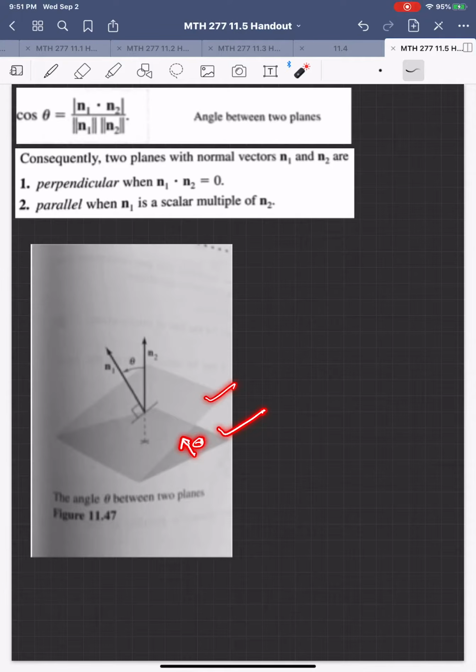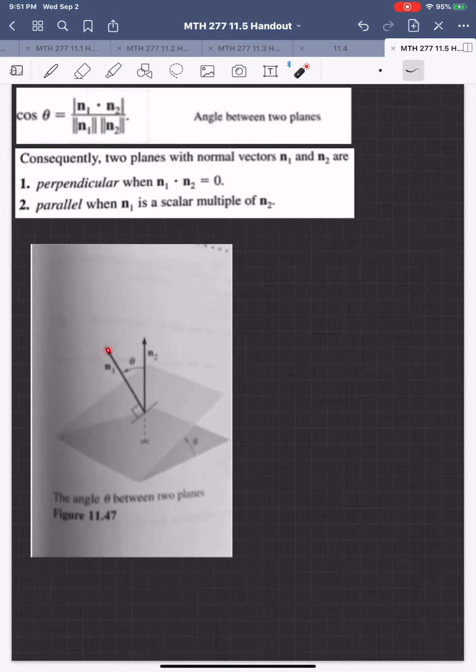the way that we do that is we need two vectors. The first vector is normal to the first plane, and the second vector is normal to the second plane.